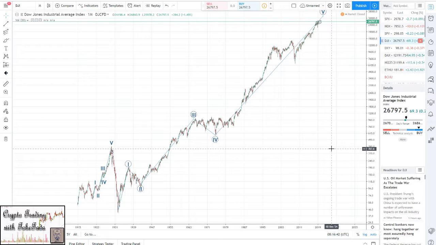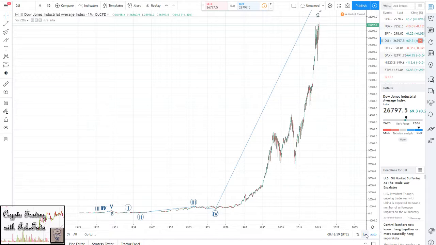Now, perhaps the first thing I want to speak about is the scale type. This is currently a logarithmic scale, and if we change it to a linear scale, which is how charts are often looked at, you can see it changes tremendously.